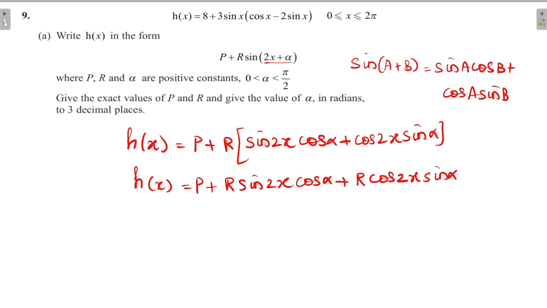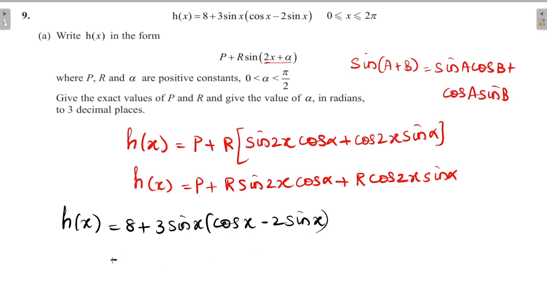So let us write the given h of x is equal to 8 plus 3 sin x times cos x minus 2 sin x. Let's remove the bracket, which is equal to 8 plus 3 sin x cos x minus 3 times 2 sin square x.